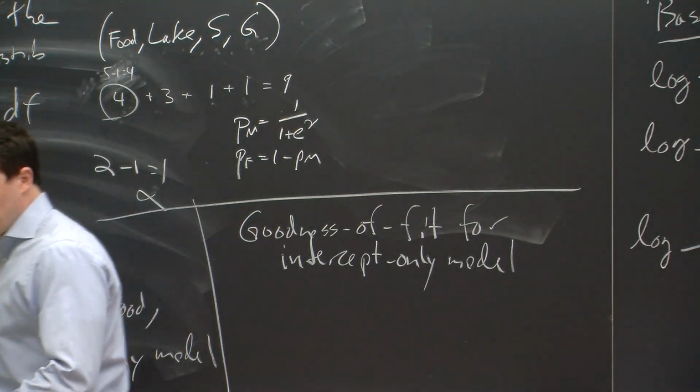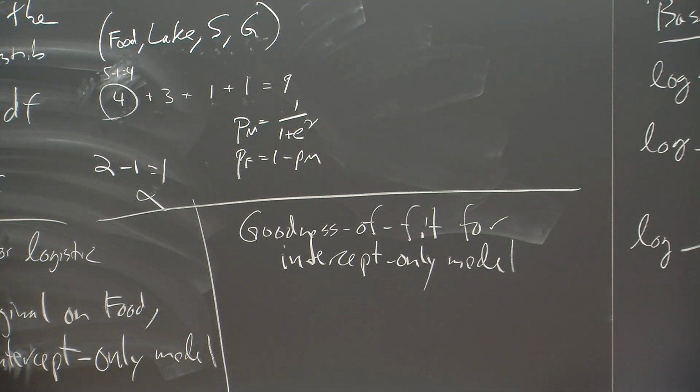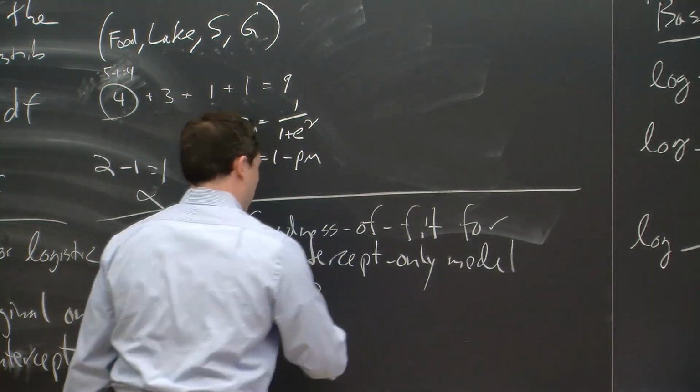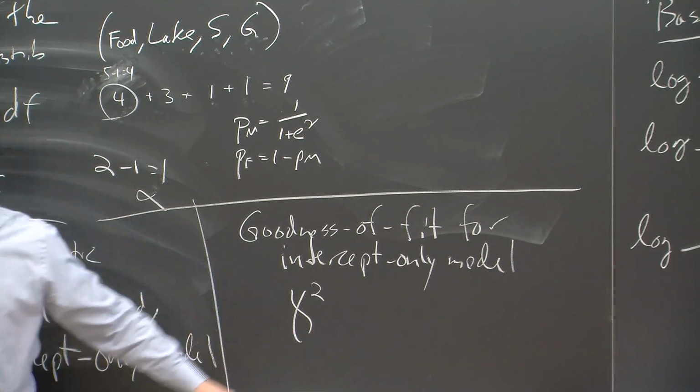Right, so I compute residuals, or I compute 2 log likelihoods, one for the saturated model and one for the intercept-only model. I subtract them and I get a G-squared value or a Pearson value. How many degrees of freedom do I have for this test? So it'll be chi-squared with some number of degrees of freedom.